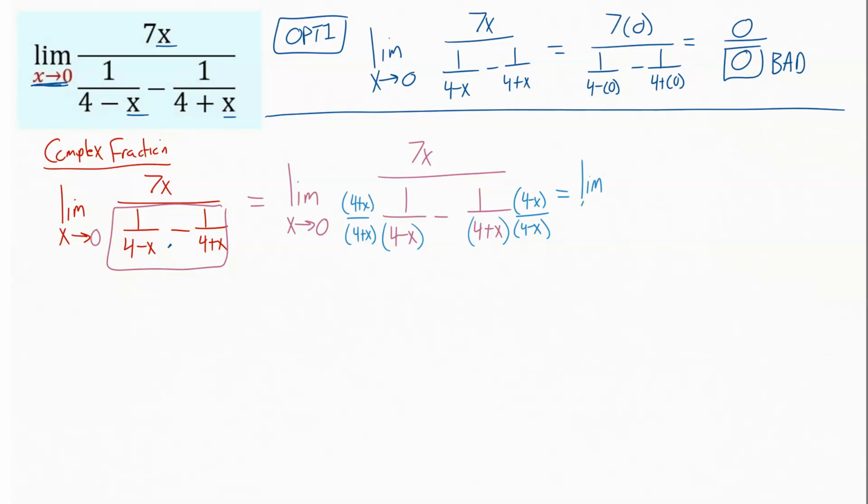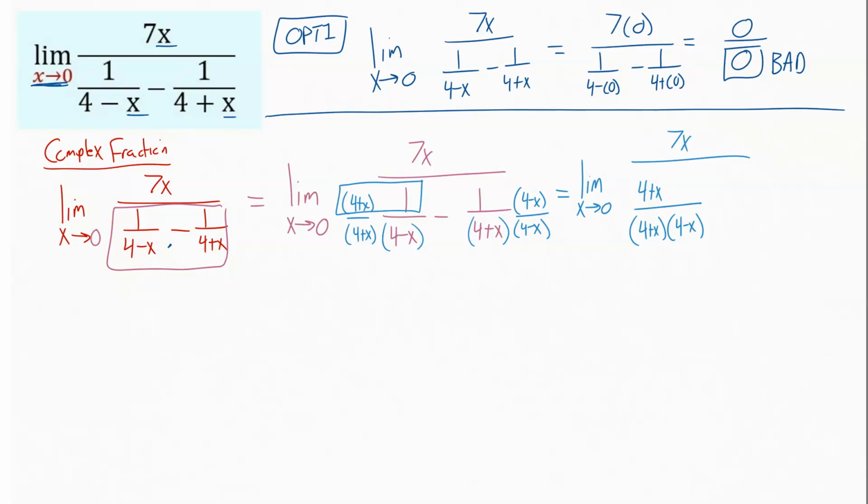As we rewrite this, limit as x approaches 0, our 7x is staying up top. Now as I put this together, I get 1 times 4 plus x, so that's going to get me 4 plus x. On the bottom here, I'm not going to multiply this stuff out. I'm just going to keep it together in this format. No need to multiply it out.